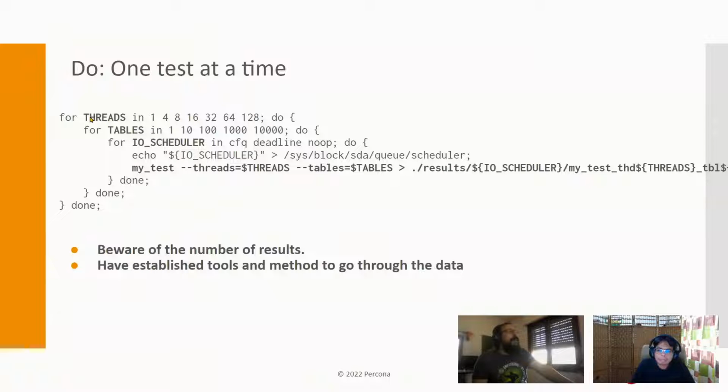For example, here I'm going to run this benchmark 7 times with different thread counts: 1, 4, 8, 16, 32, etc. And each of those is going to run for a different number of tables, because I want to exercise the mutexes, and I also want to exercise the data dictionary. So I'm going to test with 1, 10, 100, 1,000, and 10,000.